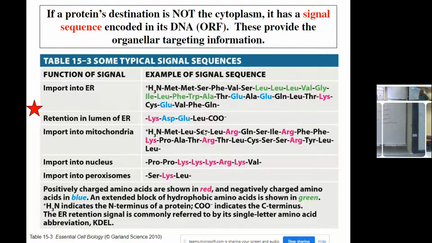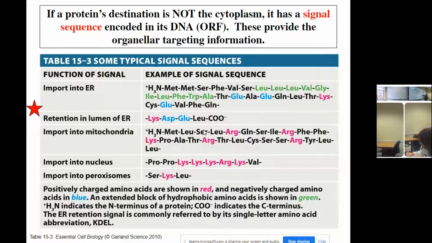That's how proteins know where to go. They have a part built into them that has a little shape of certain amino acids. They're going to fold up into a 3D overall shape, and that will let the protein get dragged to its correct location.